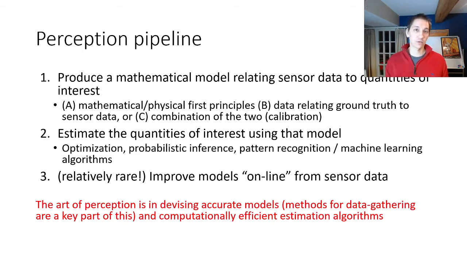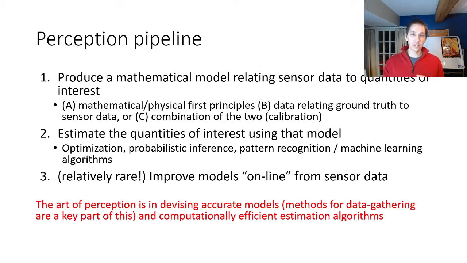The second thing that we want to do is to estimate the quantities of interest using that model. There are lots of different ways that people have done this in the past, ranging from optimization to machine learning algorithms. And if we are really smart about doing perception, we may also want to self-supervise our perception models to perhaps improve them, for example to deal with the changing distribution problem, basically changing conditions.